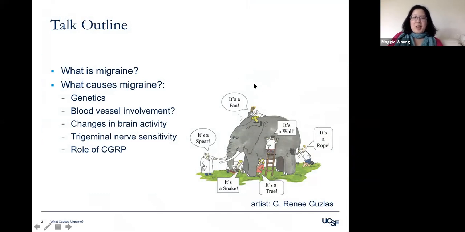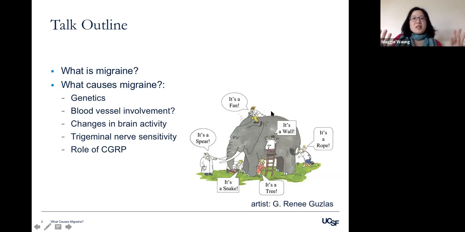I think this is a great illustration of migraine, both in people who have migraine feeling like they're experiencing one set of migraine symptoms and someone else is experiencing another thing, but they don't necessarily match.